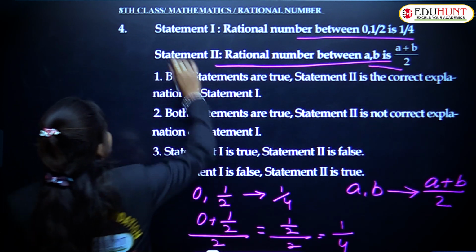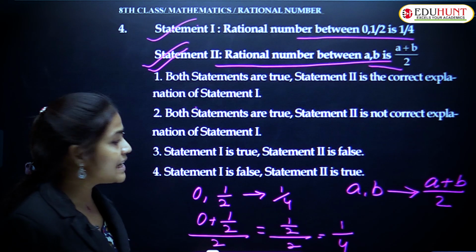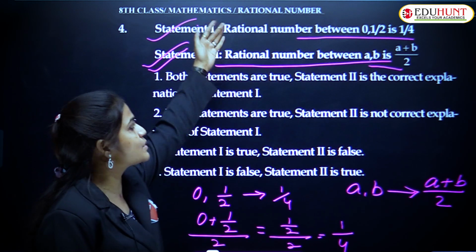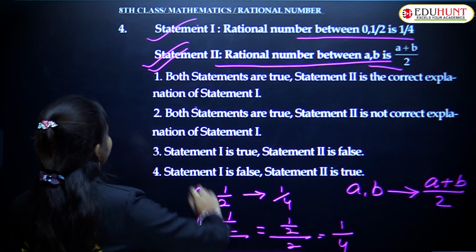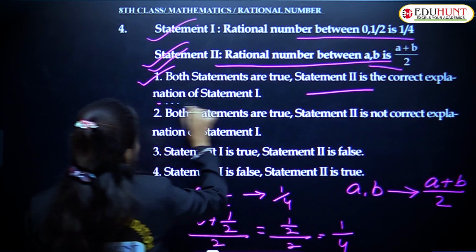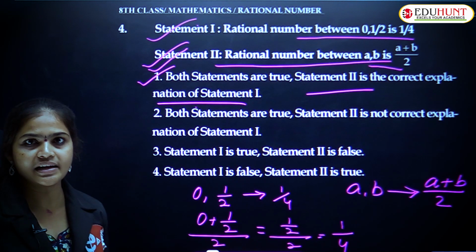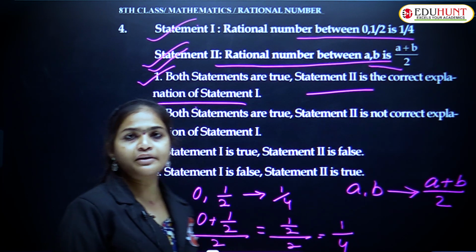By seeing this, statement 1 is true and statement 2 is also true. And in the same way, statement 2 is the correct explanation of statement 1. So both statements are true, and statement 2 is the correct explanation of statement 1. Understand, children? So this is question number 4. Next we will see question number 5.